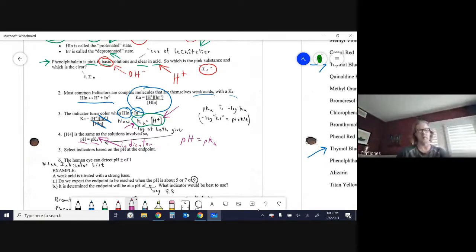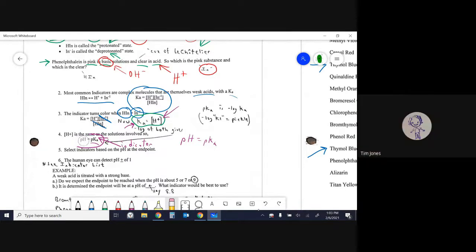So be careful. This statement here, that pH equals pKa, is useful for helping us find the appropriate indicator. I could see how that could get a little confusing, and we'll talk about it in class too to clear this up. So what you do is you figure out what pH you expect your titration to end at.